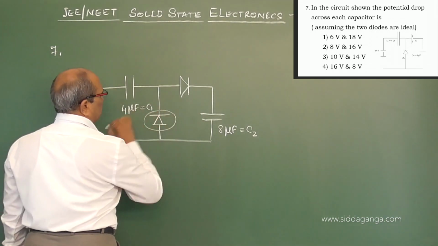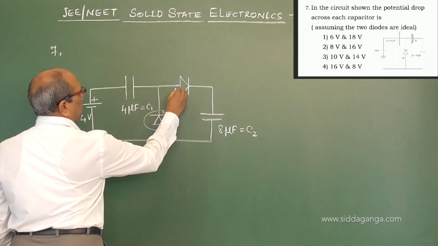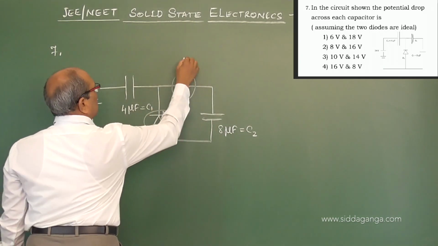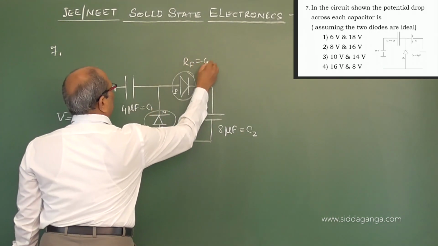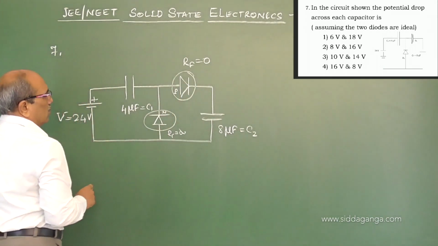One diode is reverse biased because the positive terminal is connected to the N side. Here P to P, it is forward biased. Its resistance is 0, and the other's resistance is infinity.